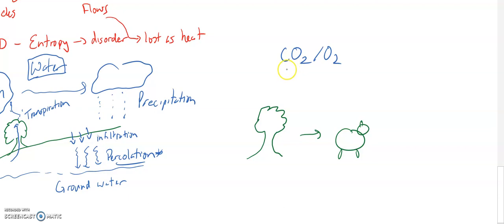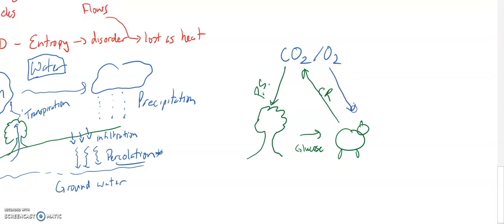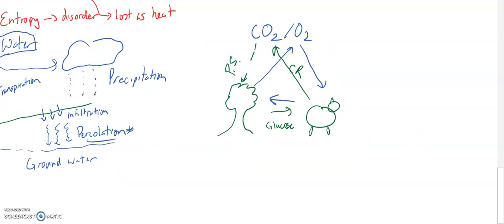The carbon dioxide goes in to plants via photosynthesis. Then the carbon goes over to animals as glucose, and then the carbon dioxide gets returned to the atmosphere through cellular respiration. But also through cellular respiration, oxygen comes in, becomes water, which then gets split back up, split in the light reactions, and goes back up. So that's your CO2 oxygen cycle.